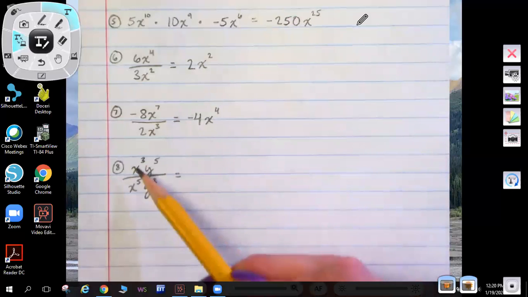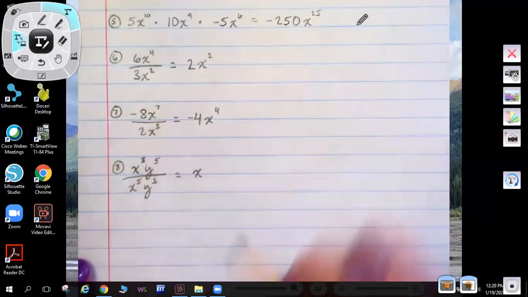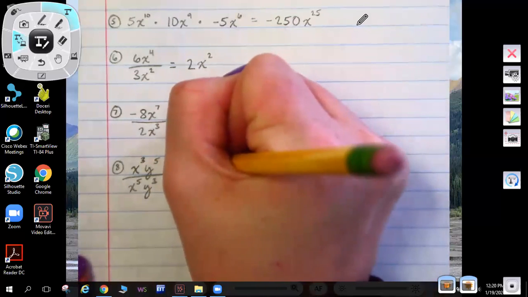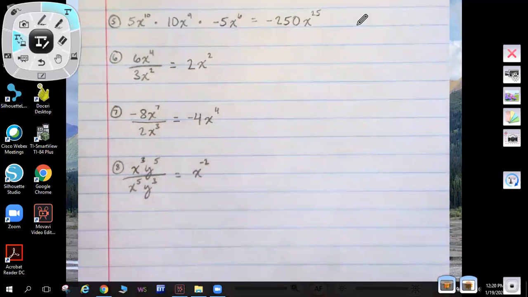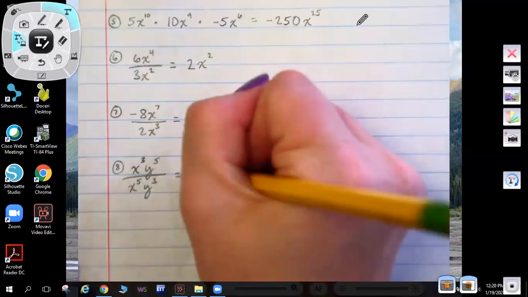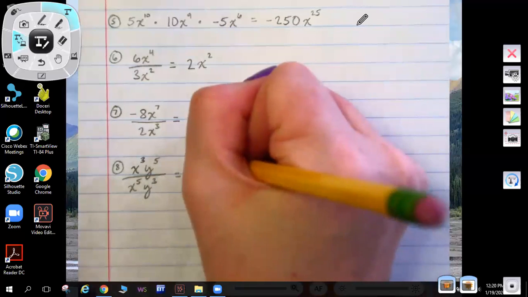So when we divide x cubed divided by x to the 5th, the base of x stays the same, and we subtract exponents. 3 minus 5 is negative 2. So it's okay to have a negative exponent. That can happen. Then y to the 5th divided by y cubed is y to the 5 minus 3, which is 2.